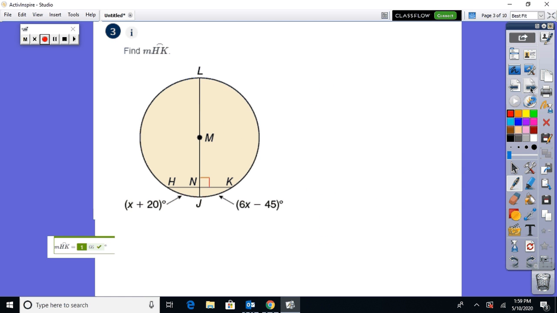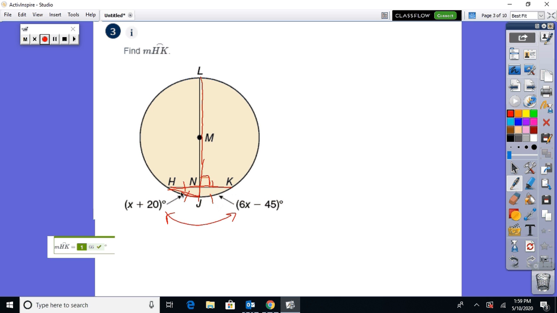The theorem in our book tells us that if I've got a diameter, which I do, all the way through, and it's perpendicular to a chord, then it's going to cut the chord in half, and it's going to cut the two arcs in half that it makes. So long story short, we can set those two quantities equal to each other.